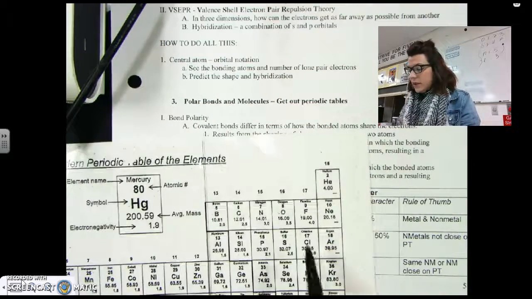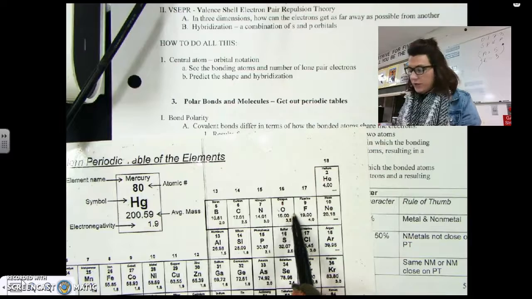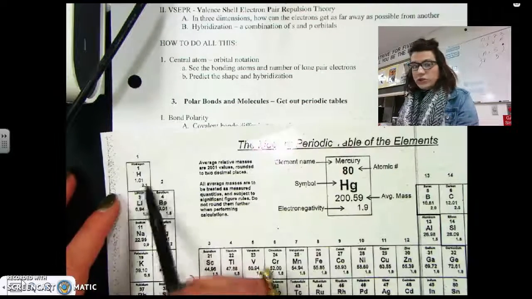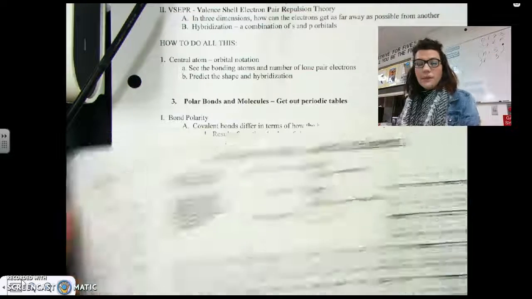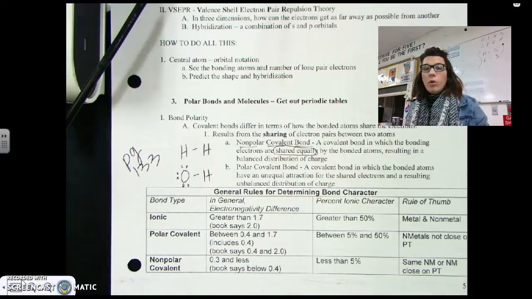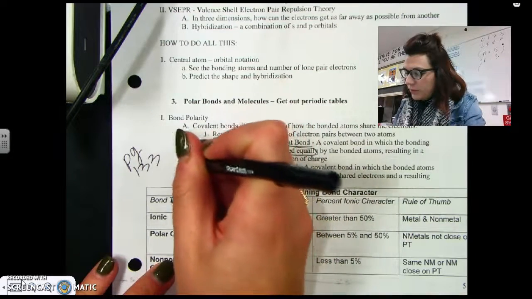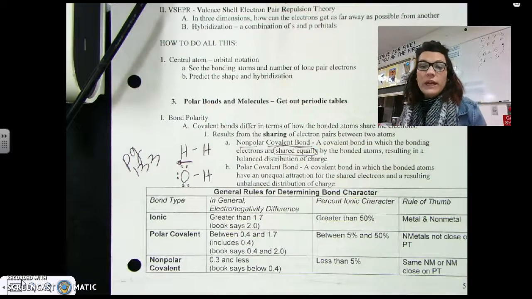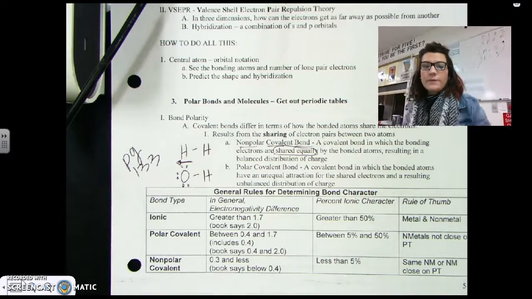So let's look at this. Oxygen wants the electrons 3.5, where hydrogen only wants the electrons 2.1, okay? So this is going to be a polar covalent bond in favor of oxygen. So oxygen is actually going to pull those electrons closer to it. So it would be winning the game of tug of war, okay?